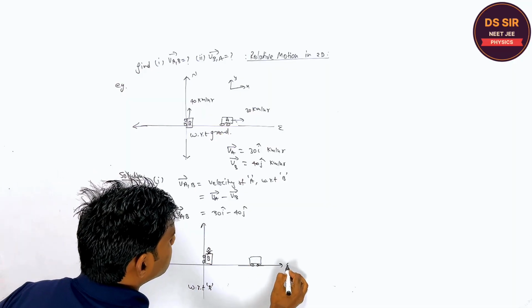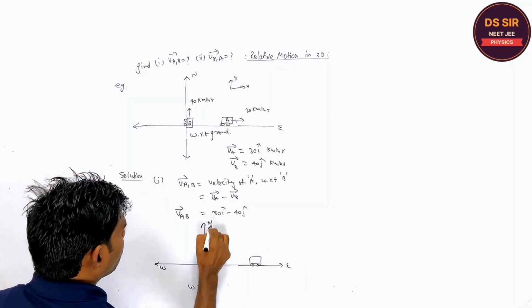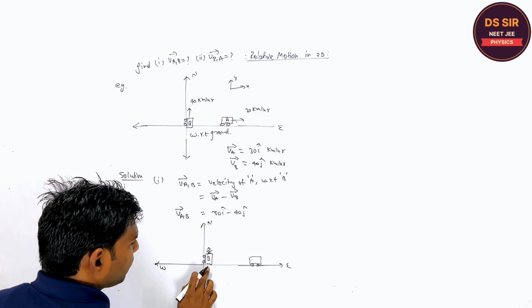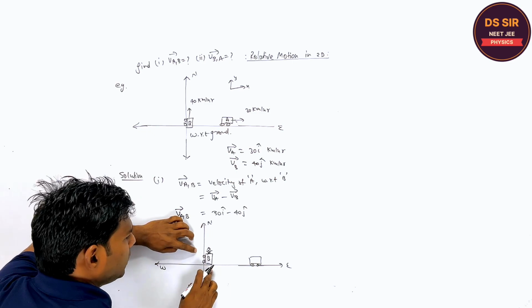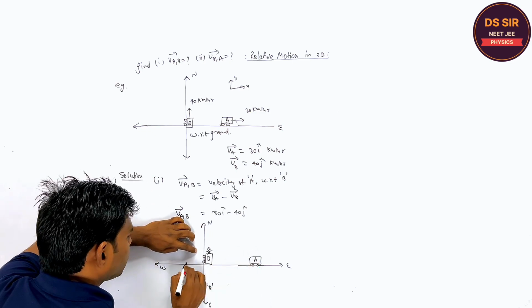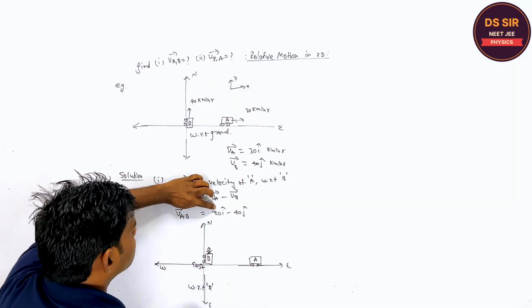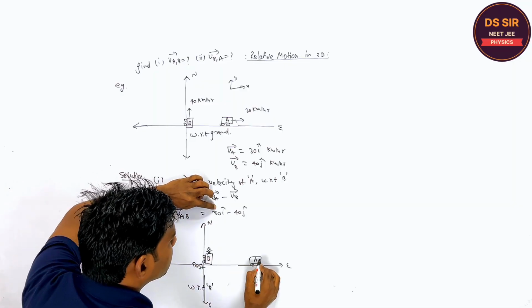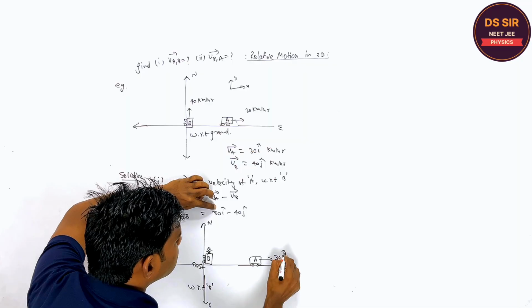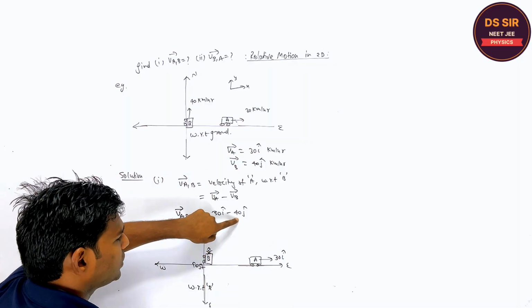So this is the east, this is the west, north, and this is the south. In the figure with respect to B, you are observing A, so B is at rest, and A is moving with this speed. What is that speed? It is 30 i cap in this direction and minus 40 j cap.